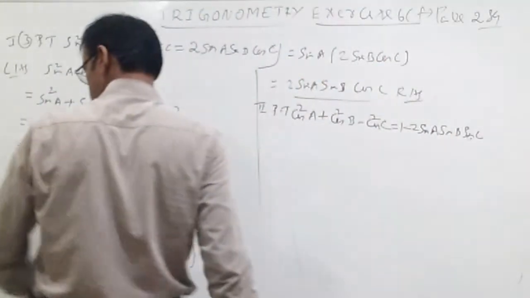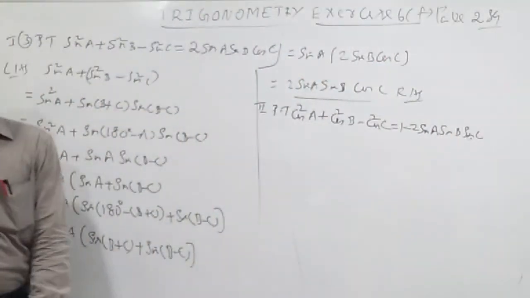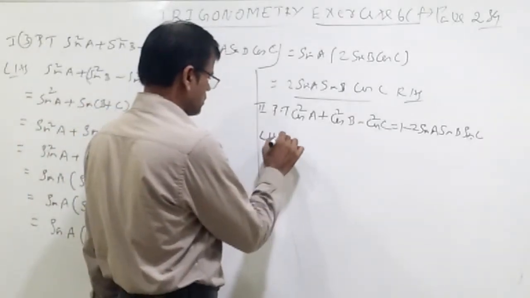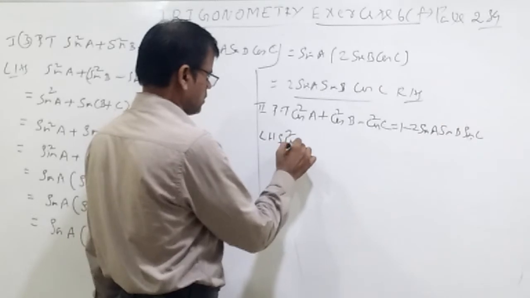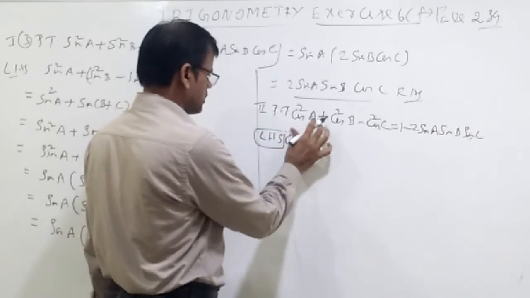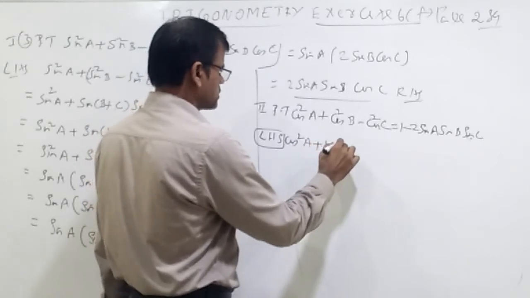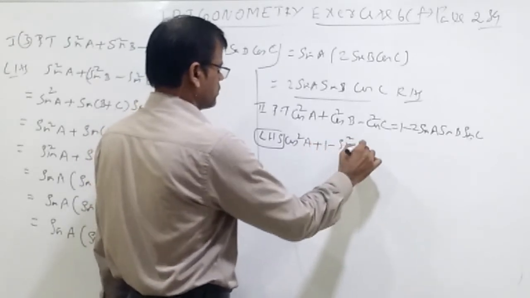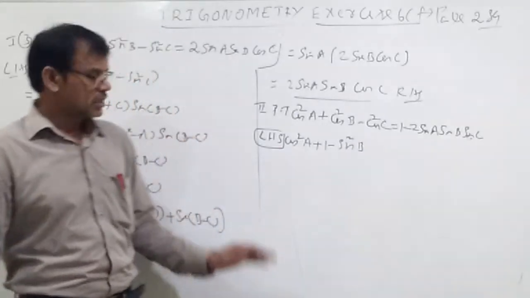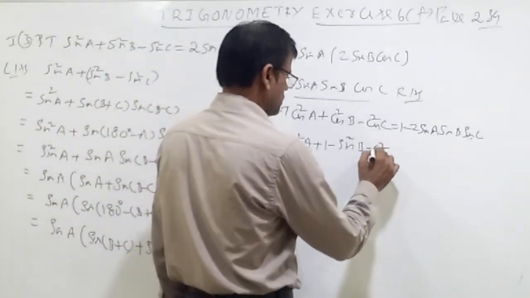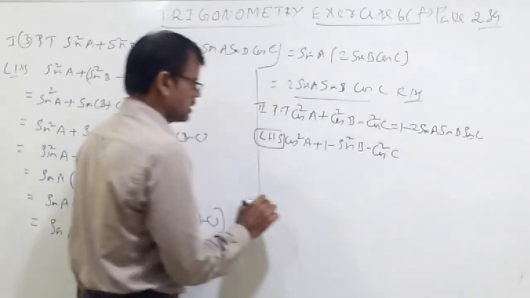Take LHS, cos square A plus cos square B minus cos square C. LHS I am writing, students, this cos square B I am writing as 1 minus sin square B. Cos square A plus 1 minus sin square B minus cos square C. This is LHS.